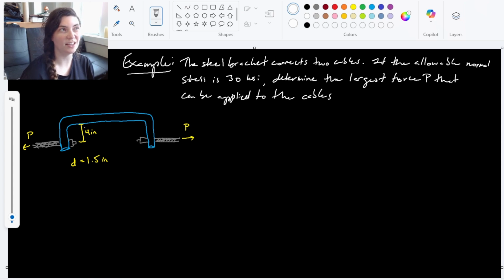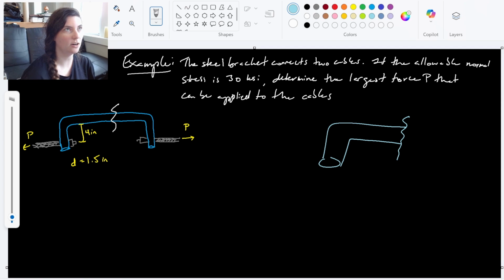We can take an arbitrary section anywhere through here and get the same internal forces either way. So I'm just going to take an arbitrary cut through the bracket and look at those internal forces. I'll draw it over here, a little bit larger, cutting through the bracket.